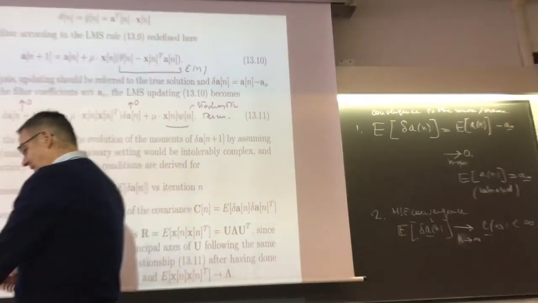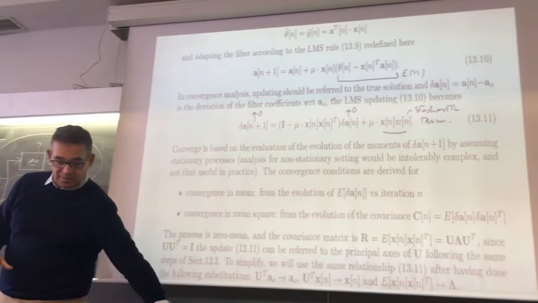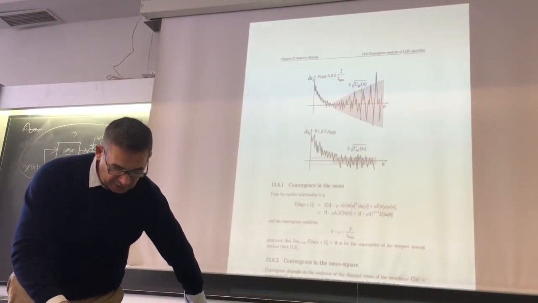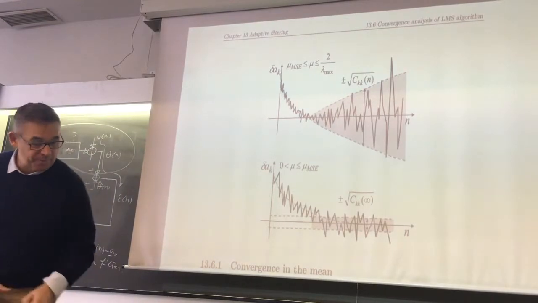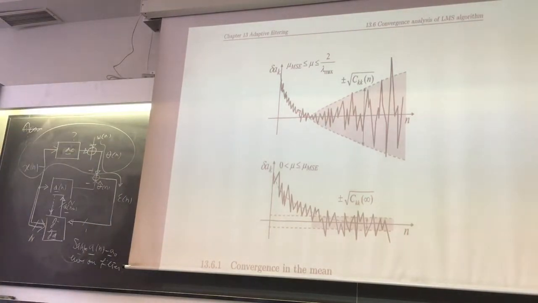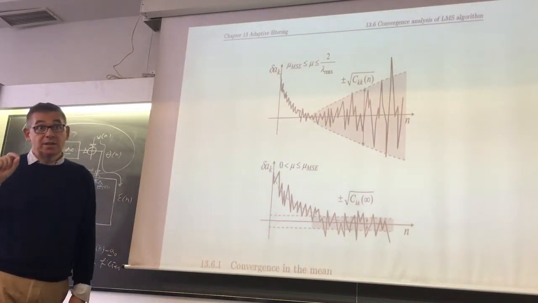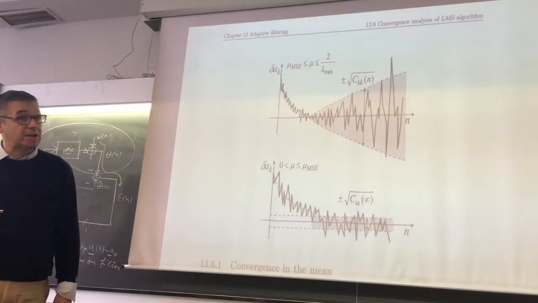So now, let's see visually what it means. Consider the first case, where we choose a mu coefficient such that we guarantee only the convergence in mean, the upper convergence.